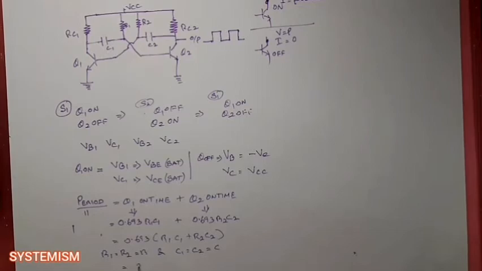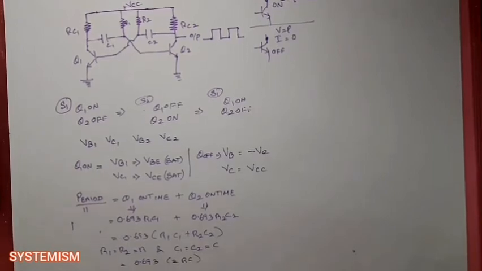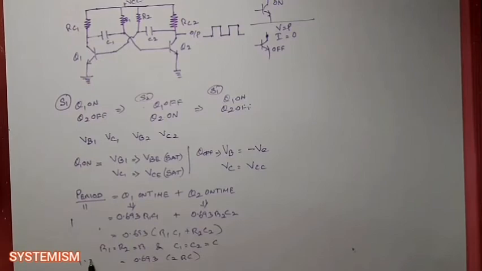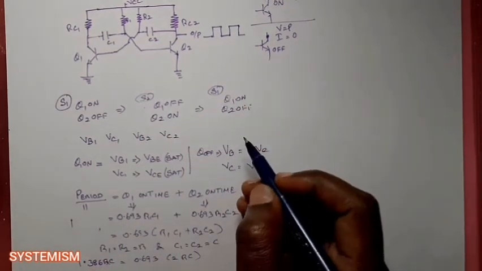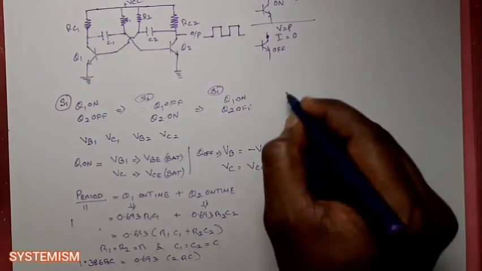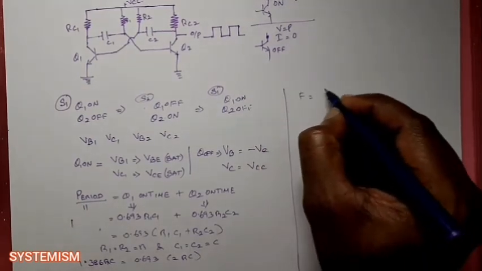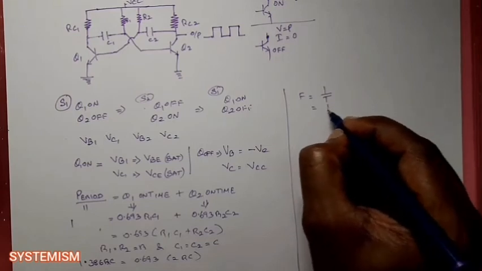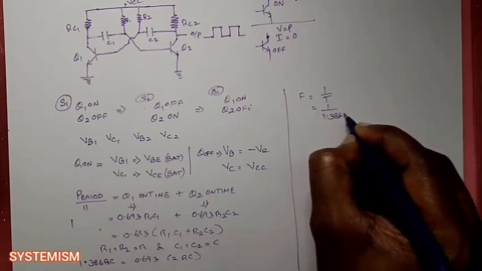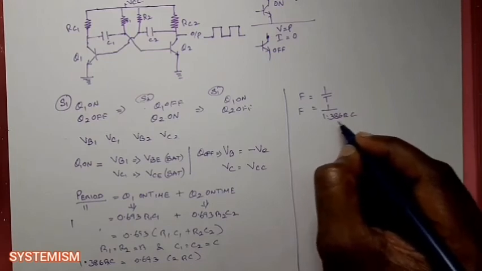RC plus RC, so 2RC, and 2 into 0.693 gives you 1.386 RC. This is the time period. If you want the frequency, that is 1 by T, so 1 by 1.386 RC. This is the frequency of your astable multivibrator.